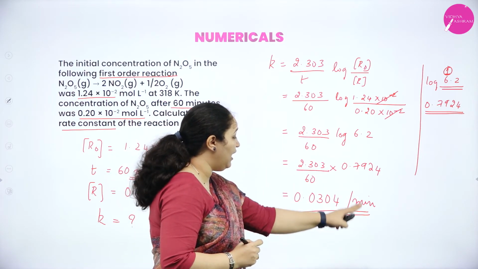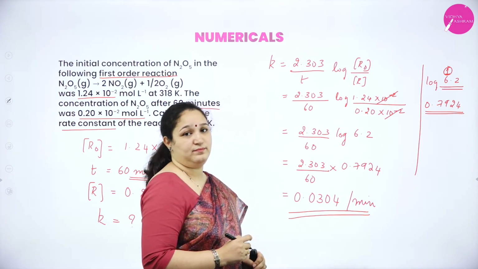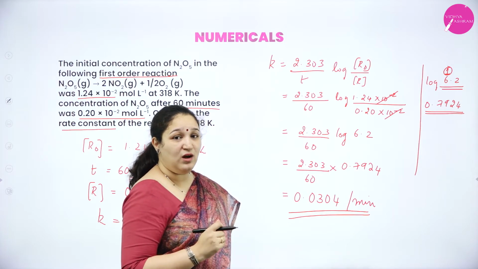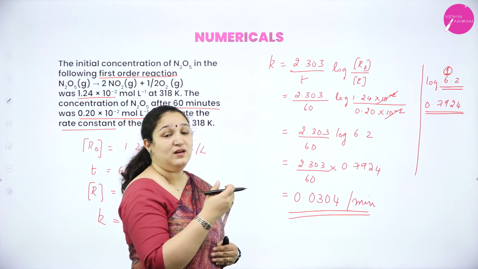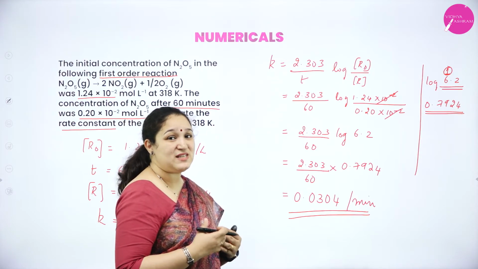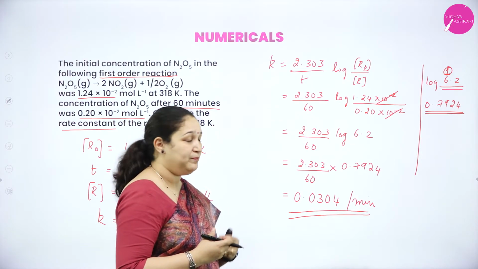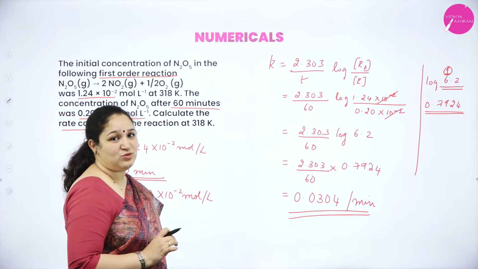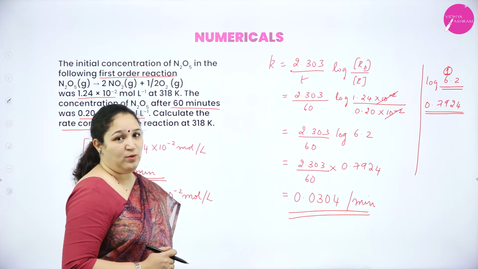Then the final answer with the unit, you will be awarded 1 mark. Okay, this is how we will correct any numericals which is given. So that's the scheme of valuation. Okay, so this is the first problem. I hope you have understood. We'll solve the next problem.